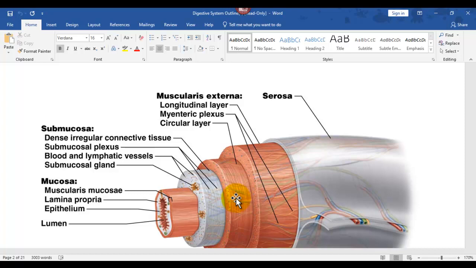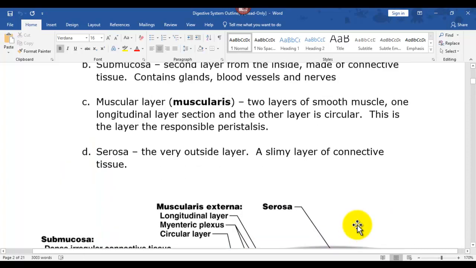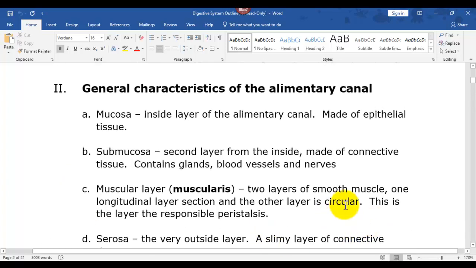I'm sure everybody's done this. You ever swallow something, and tortilla chips are terrible for this, that you wish you had chewed up just a little bit more, and you can feel it moving down the esophagus? That's because of that layer. And then the serosa layer is like a slimy outside layer that also has some of the blood vessels. You can see the yellow is the nerve, blue is a vein, red is an artery. So that's the very outside layer.